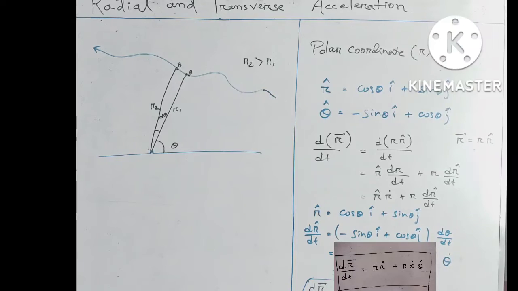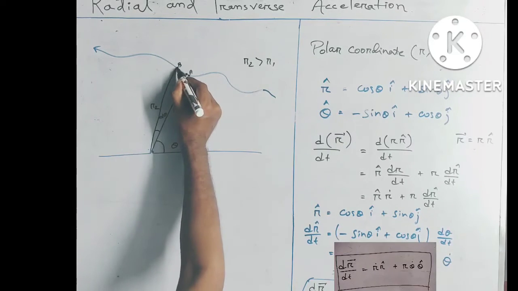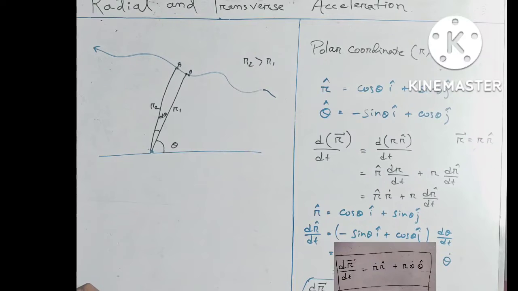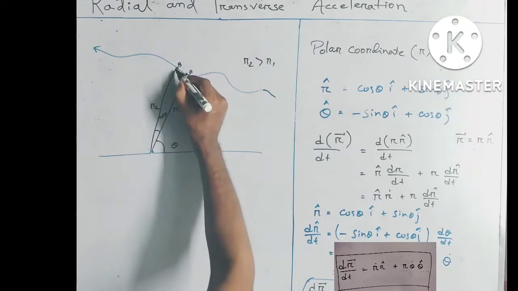So at this point B, what is the velocity of the fighter jet? We have to find out at point B what is the velocity and its direction.